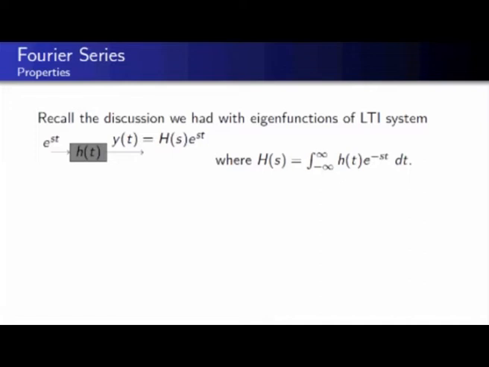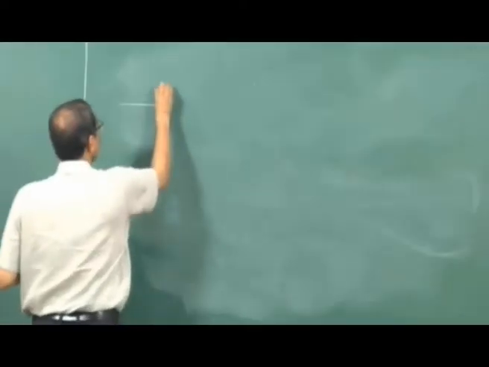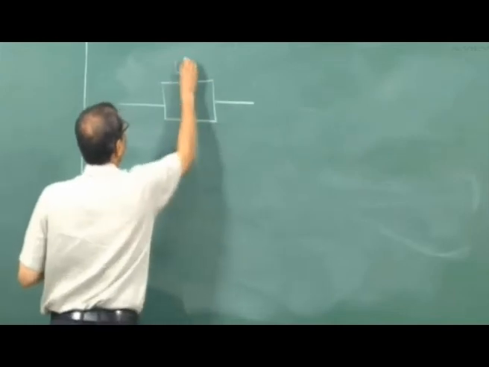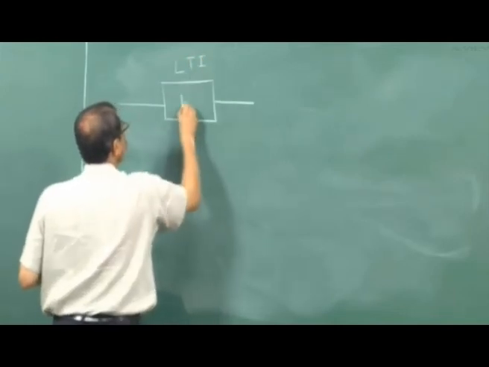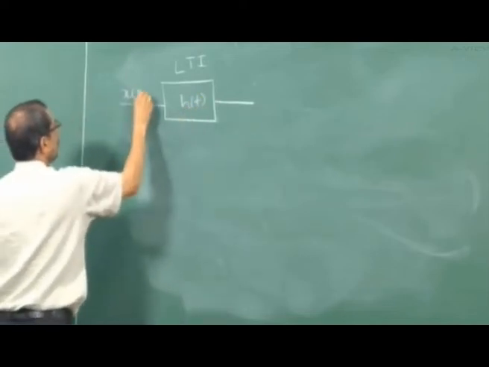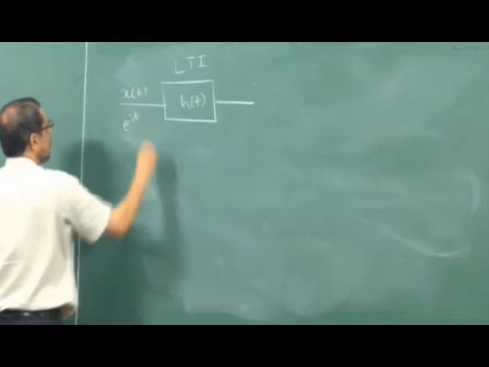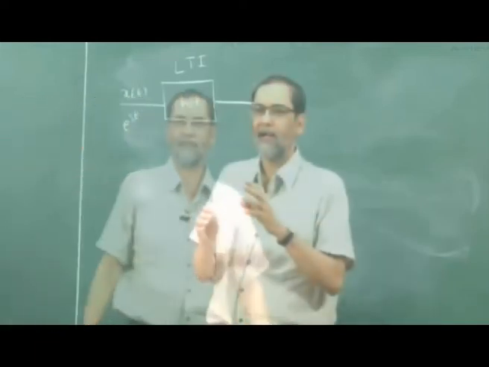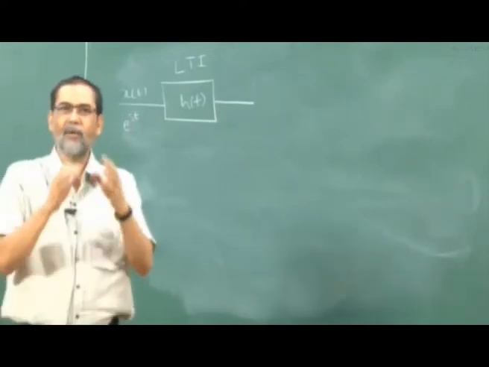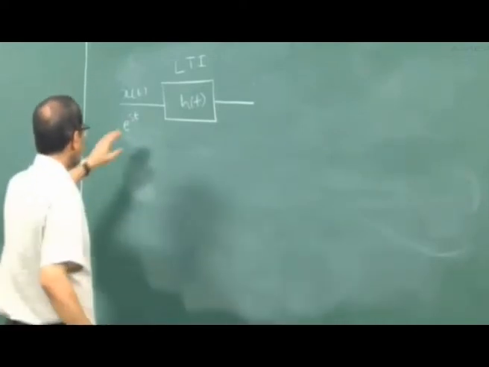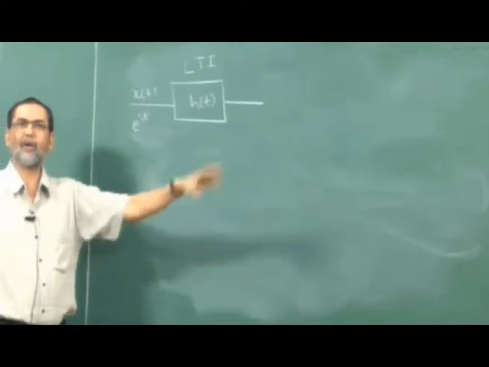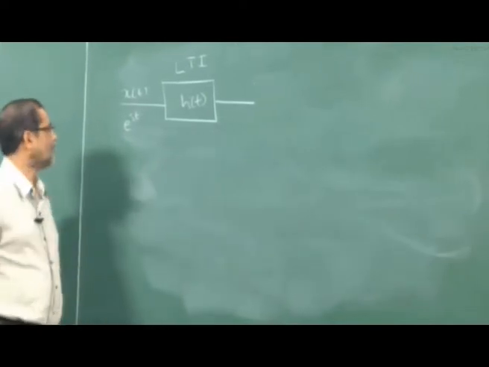So what I said then was, if you have an LTI system of some impulse response h of t and the input x of t is an everlasting exponential of the form e to the power of st. LTI system is the first requirement, and the input now is a specific input e raised to the power st, everlasting, meaning it goes on and on from minus to plus infinity.